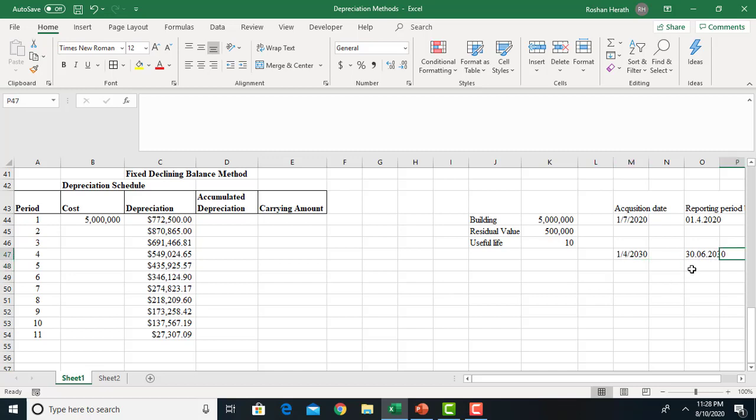Sorry, I mean the remaining 3 months are needed in order to complete the 10th year. So in that particular case, you may have to consider this depreciation even in the 11th year.